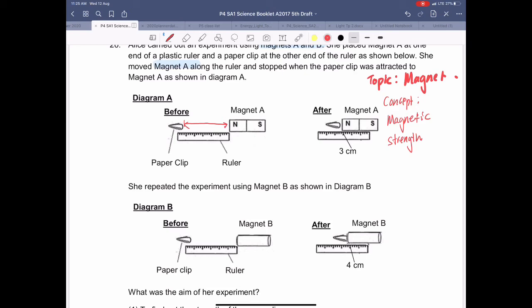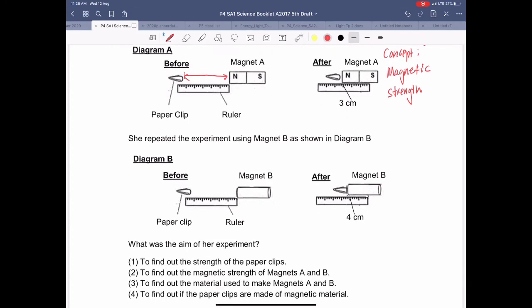So you have to say something like, oh, magnet A has a stronger magnetic force or a greater magnetic force as compared to B. Once again, when there is more than one item being compared, you must use comparison words. If it's only 2 items, you use stronger, higher, faster. If it has to do with 3 or more items, you will say things like strongest, weakest. Okay, comparison words.